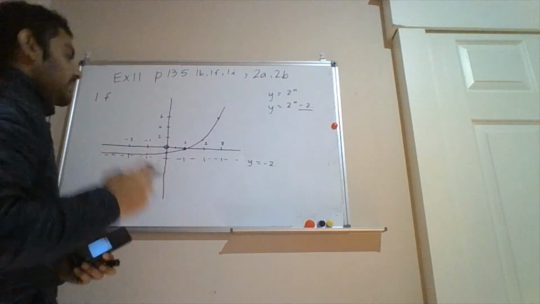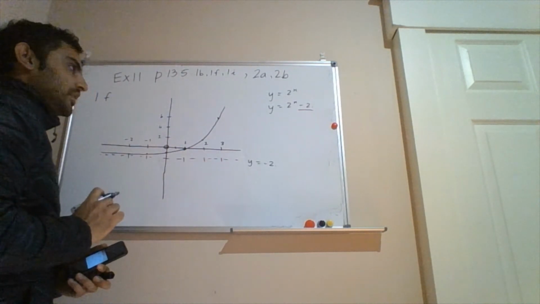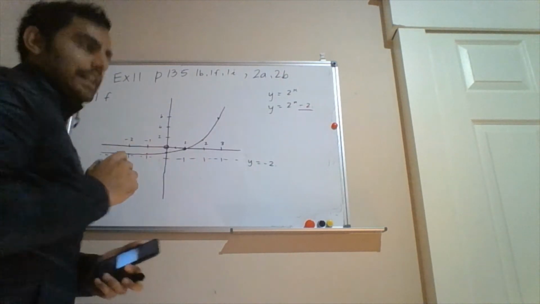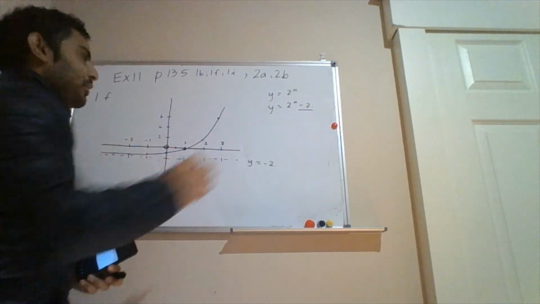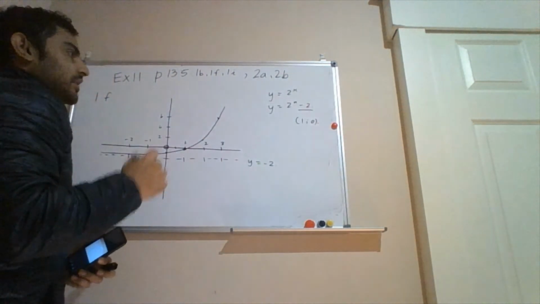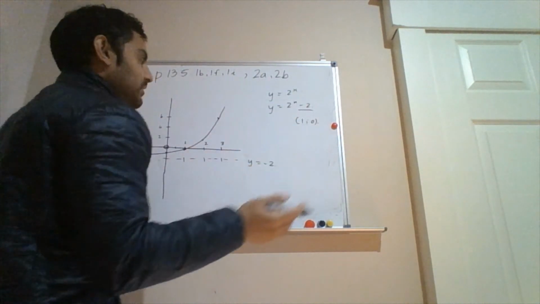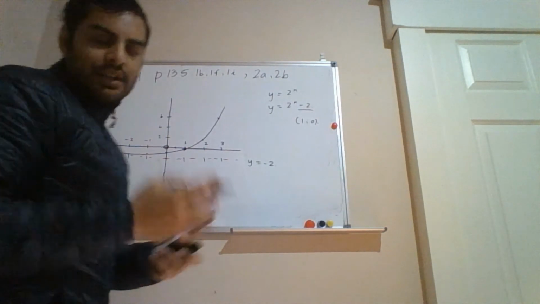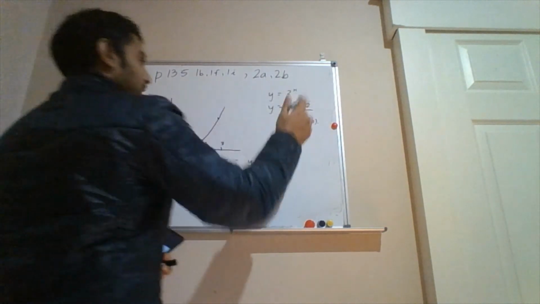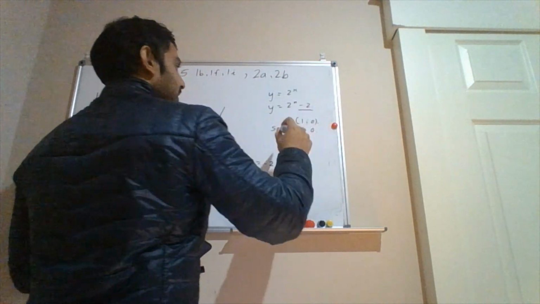We just need the x-intercept now. We've already found the horizontal asymptote. So you can visually see that the intercept is at the point 1, 0. So you can check, if you put 2 to the power of 1, you get 2 minus 2 is 0. And then if you wanted to solve for the x value using the equation, then once again you would set y equal to 0.